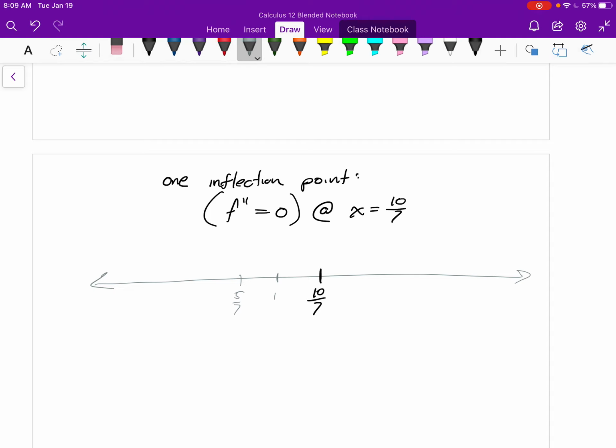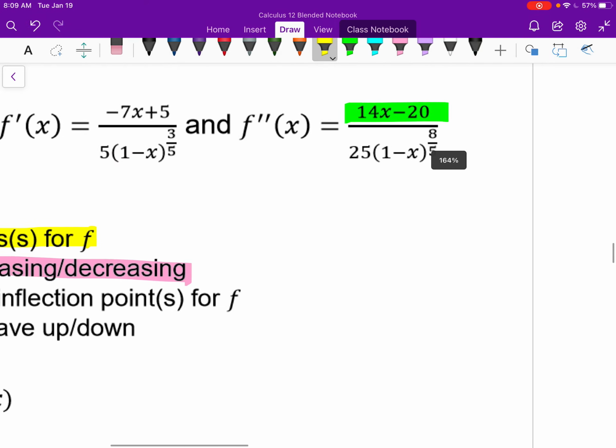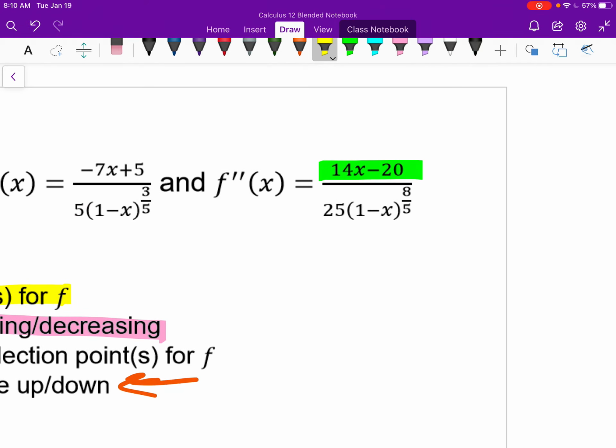And so like before, I can now pick a number that's less than 10/7, 0, put it into my second derivative. And again, all I have to do is really pay attention to the numerator. Actually, no, I don't. Take that back. Don't listen to me. But like before, just pick a number less than 10/7. I'm going to go with 0. And so if I put a 0 for x, 14 times 0 minus 20 is a negative number.